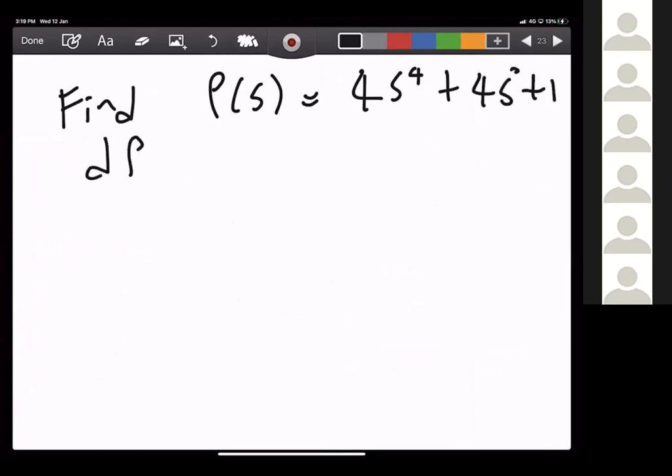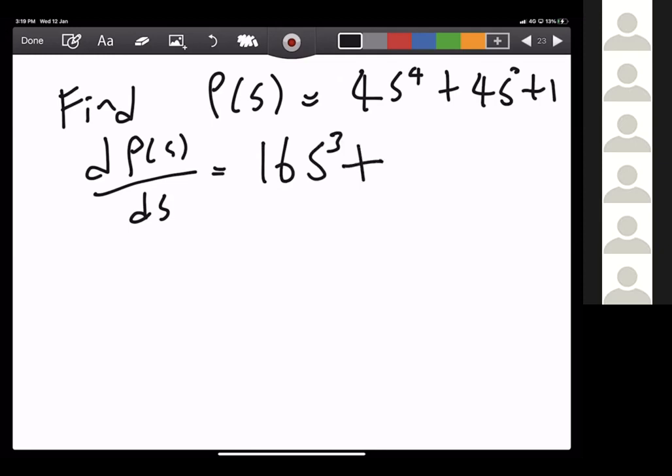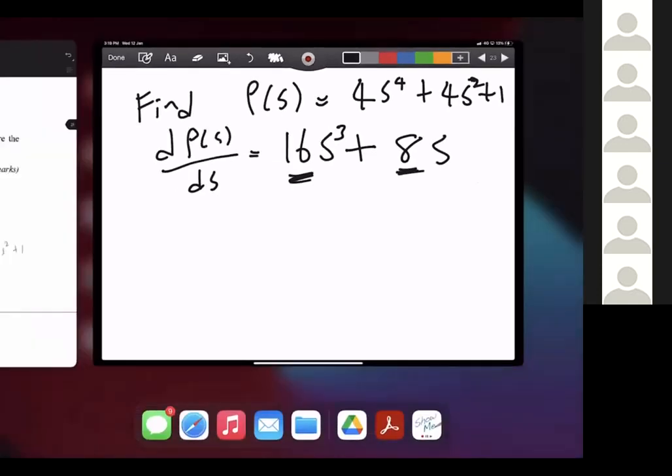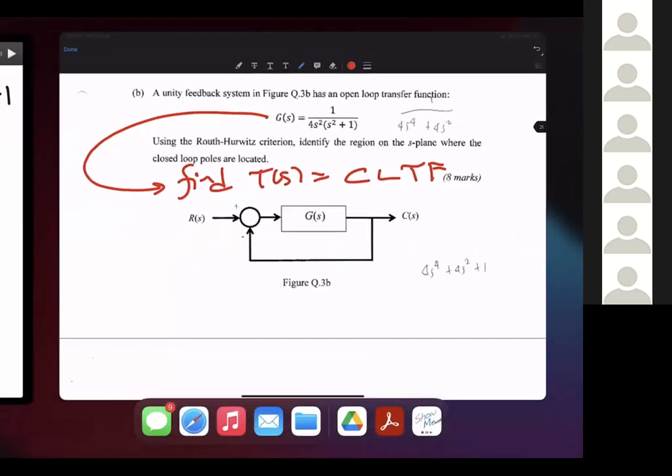Then differentiate. Differentiate: 16s cubed plus 8s. Okay. So 16 and 8.